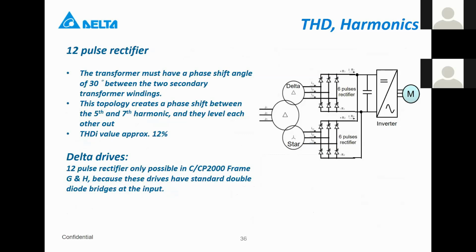Normally they are connected in parallel, but if you have a shift transformer available in your system, or you create a system with a shift transformer, you can lower down the THCI to roughly 12%.